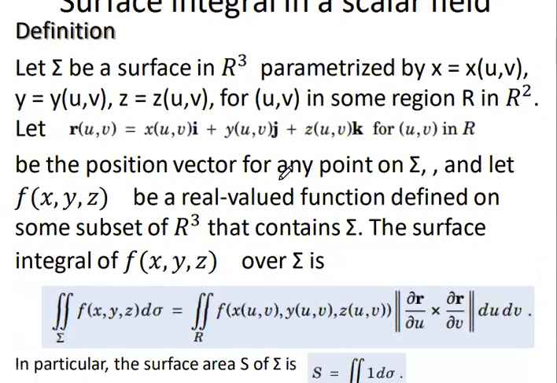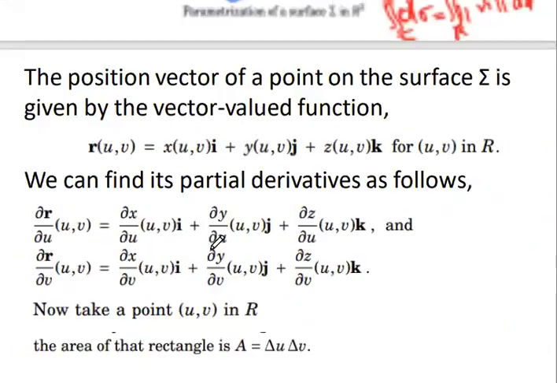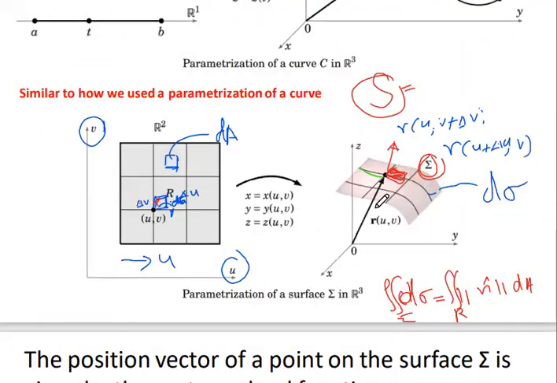Let sigma be a surface, and f a scalar-valued or real-valued function defined in R3. That means the function is defined on this surface, right?